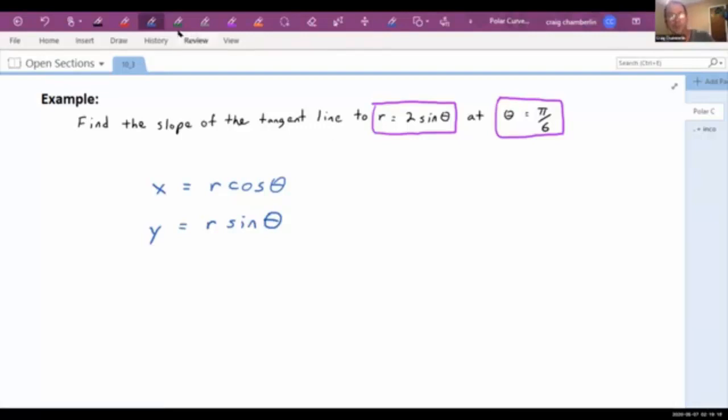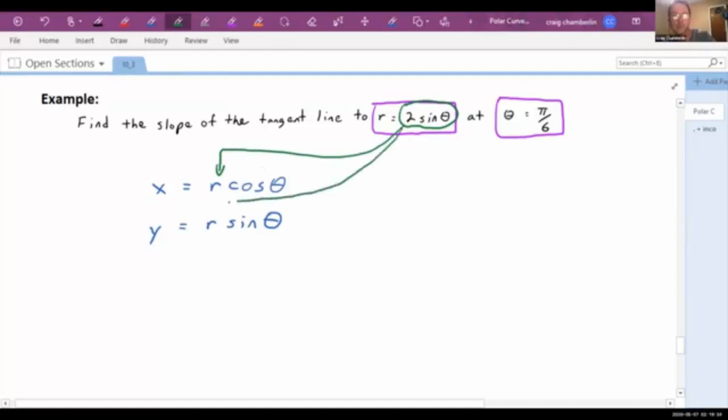The way to do that is to plug in what r equals, our function in terms of theta. We plug in that 2 sine theta right there, and then we also plug it in right there. And that gives us our parametric equations.